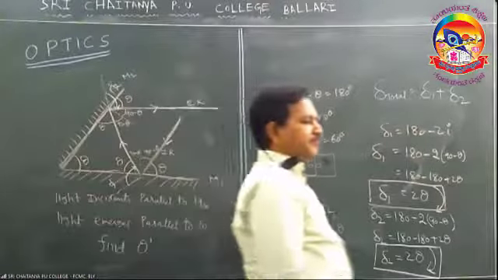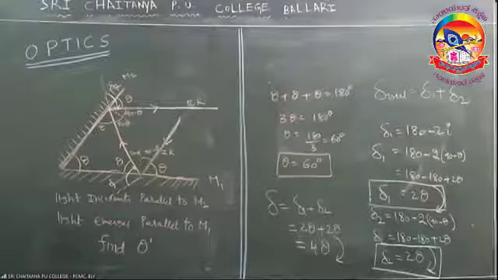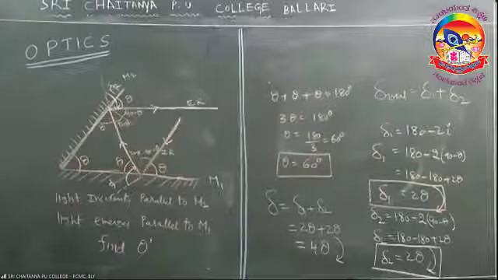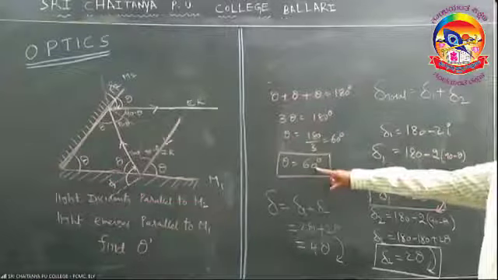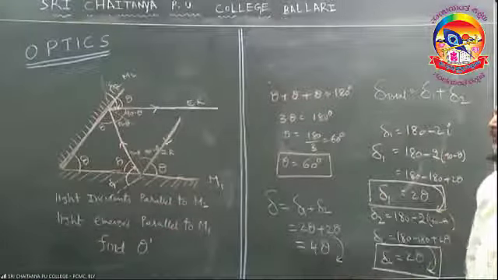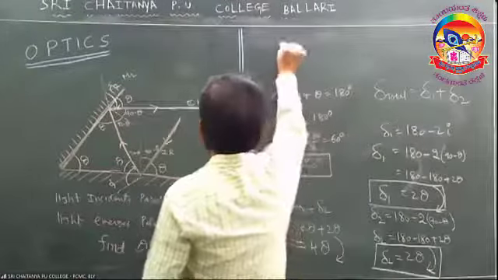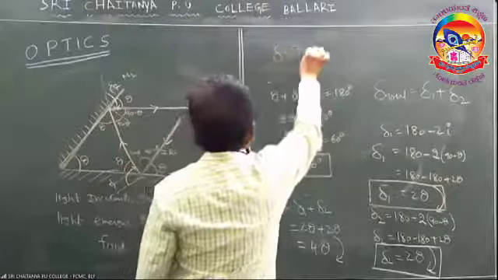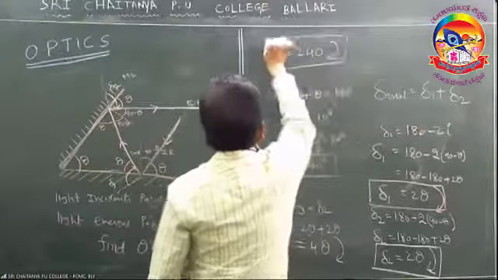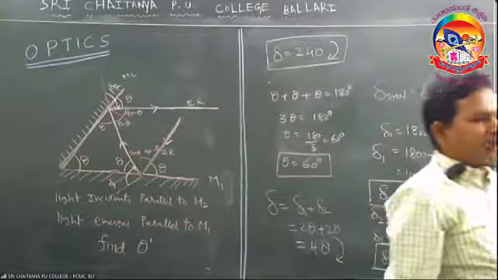Clockwise. Already I calculated theta. What is the theta value? 60. Substitute here, 60 into 4, that is 240. So total deviation is 240 clockwise.